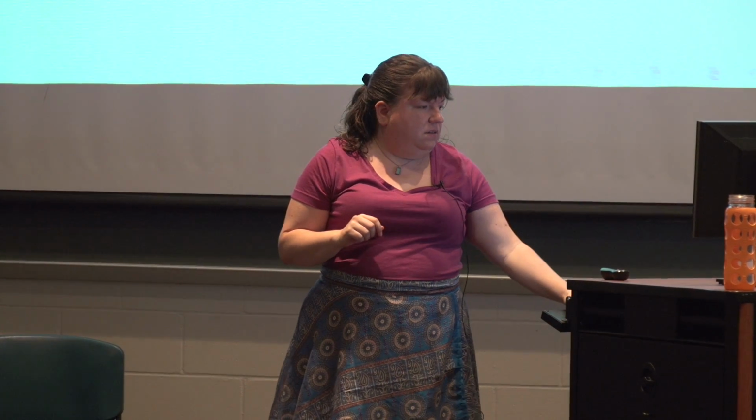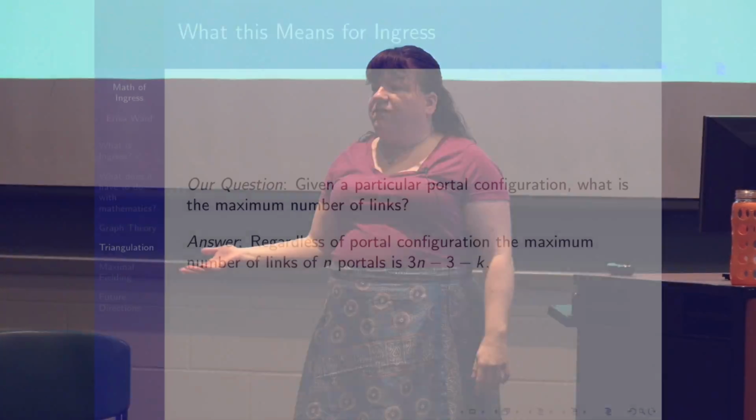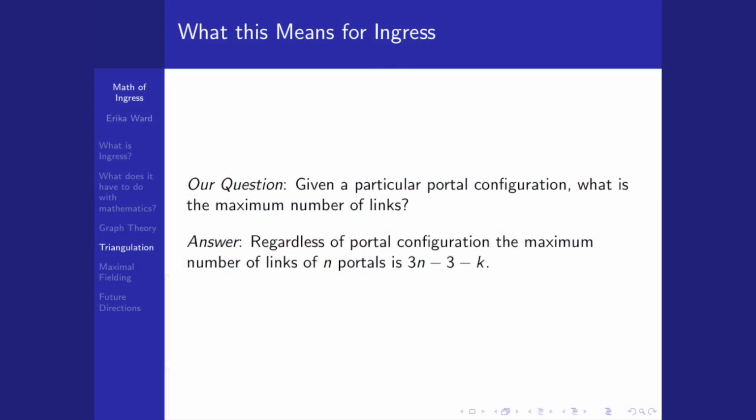All right. So what does this mean for Ingress? It means we've answered our question, or at least the one that we started off with. We said if we have a particular number of portals arranged in a particular way, what's the maximum number of links we can make there? Well, you need to know how many portals there are total.